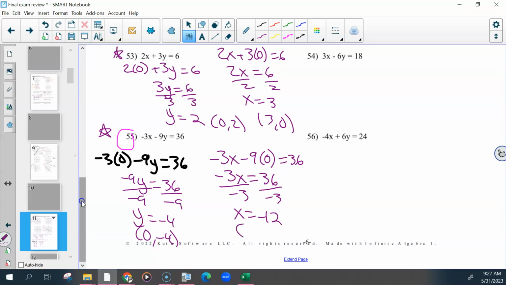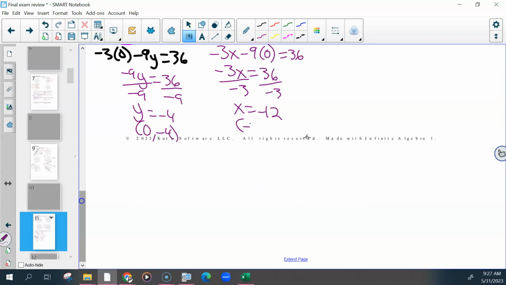And then make that an ordered pair. Do you have any questions on that or any other questions on this page? Go on to the next one.